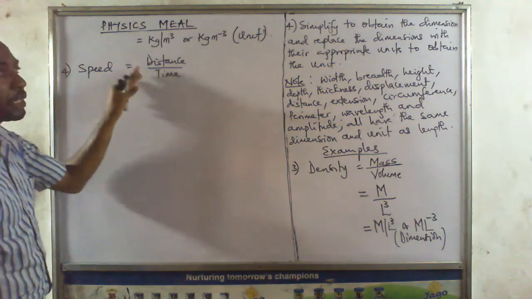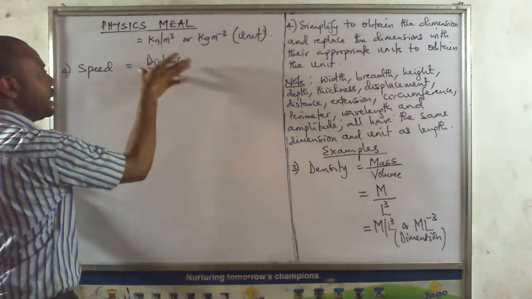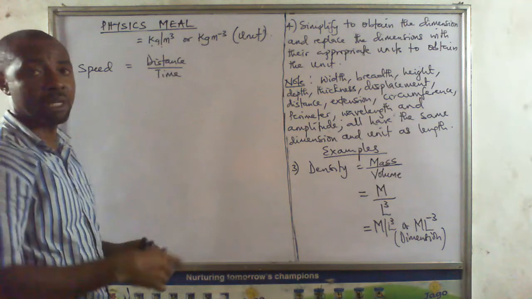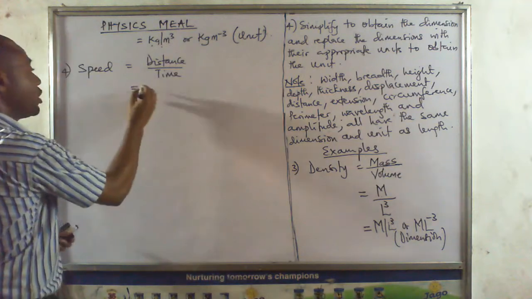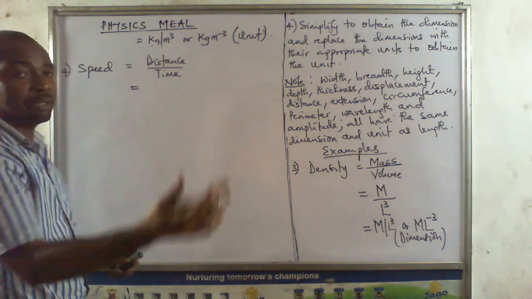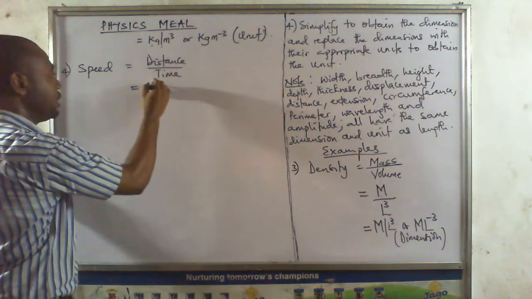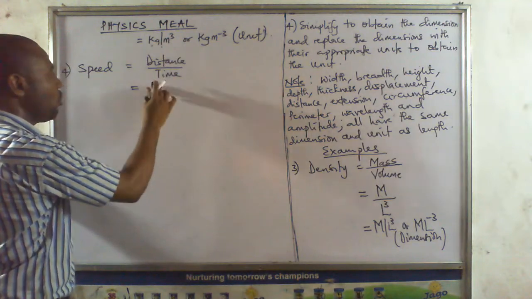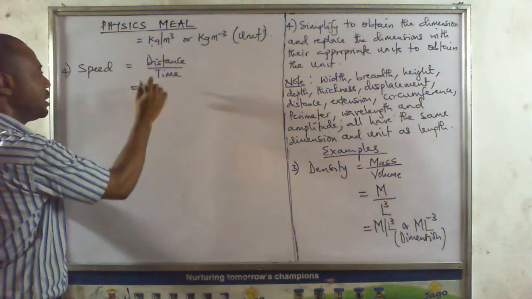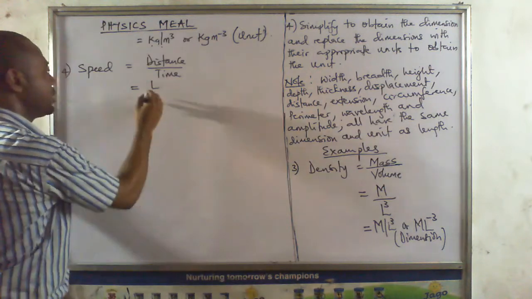The speed is the subject of the formula, still on our steps. Now we have to write everything in terms of the fundamental quantities. So we have to express distance in terms of fundamental quantity, and then time in terms of fundamental quantity. That's their dimension. Distance, the dimension is L, because distance has the same dimension as length.